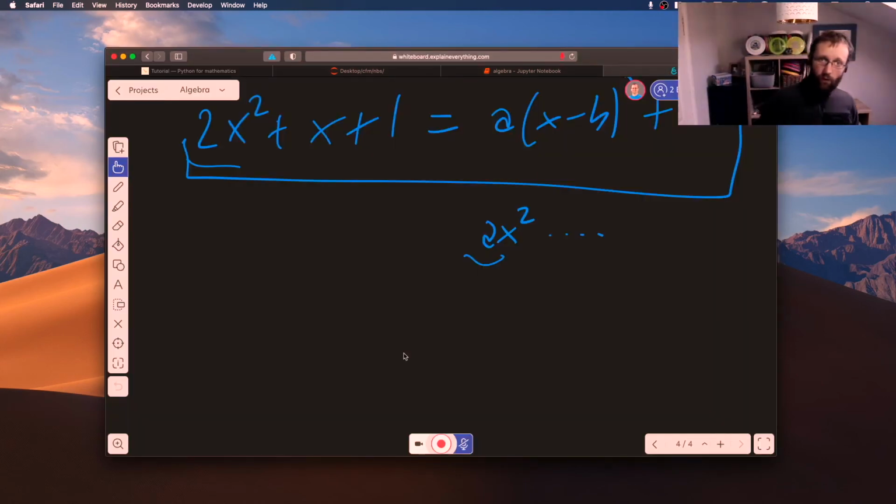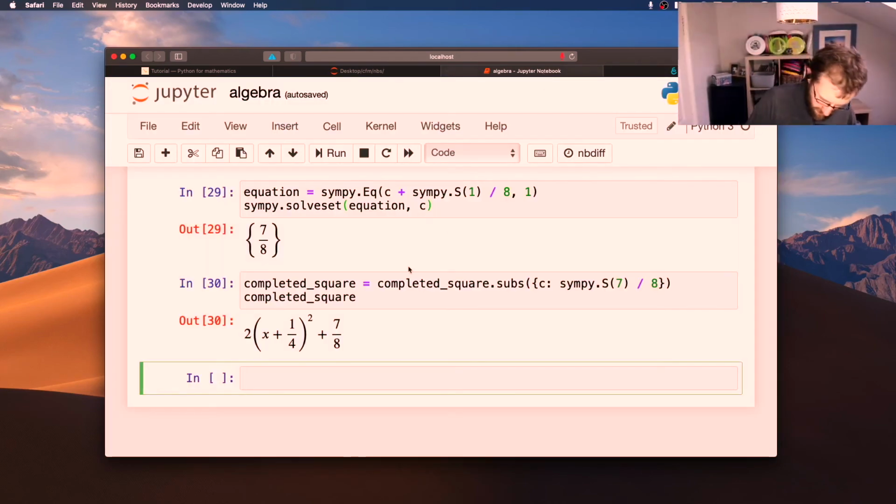And what we've got is, if I remember my final expression, so it's 2 times (x plus 1/4) squared plus 7/8.